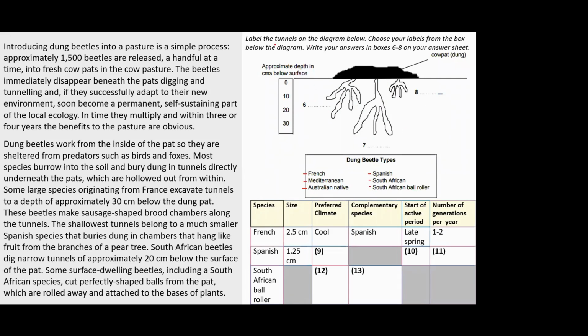This word tunnels is important. Tunnels are just these little branches, because as you look at the passage, it'll start to make more sense. The dung beetles are digging below the ground and making tunnels. So now try scanning the passage and reading and seeing if you can find the answers.